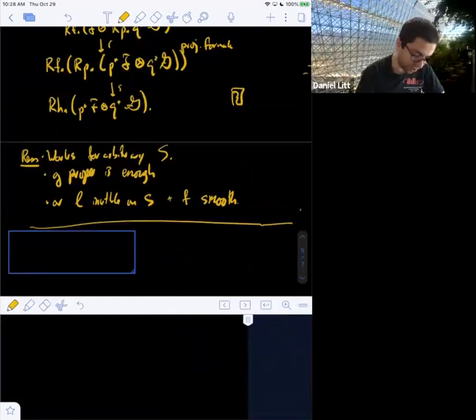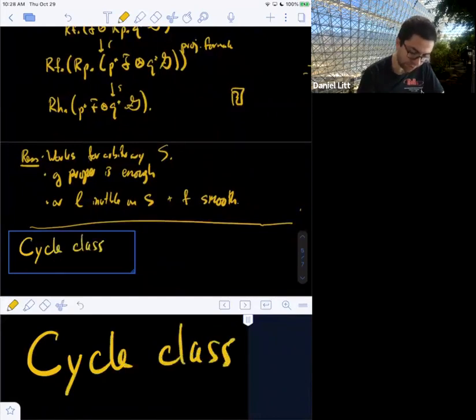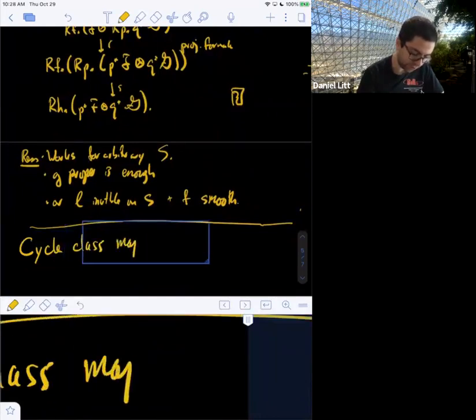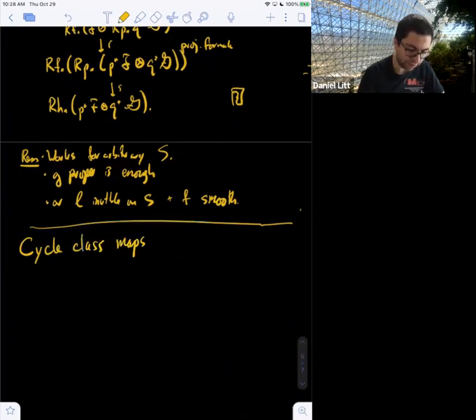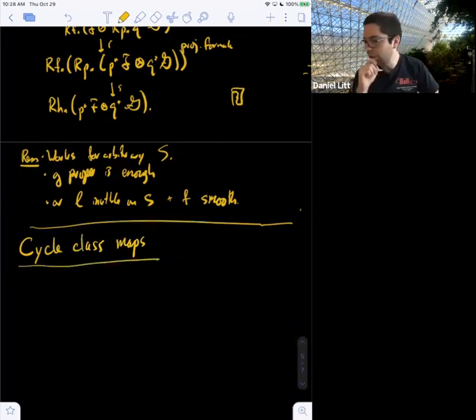All right, so now I want to start talking about cycle class maps, which are really almost the last topic before Poincaré duality and the Lefschetz fixed point formula. Okay, so what are cycle class maps?